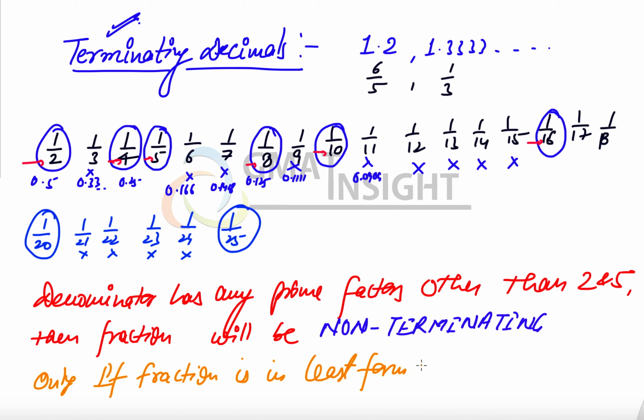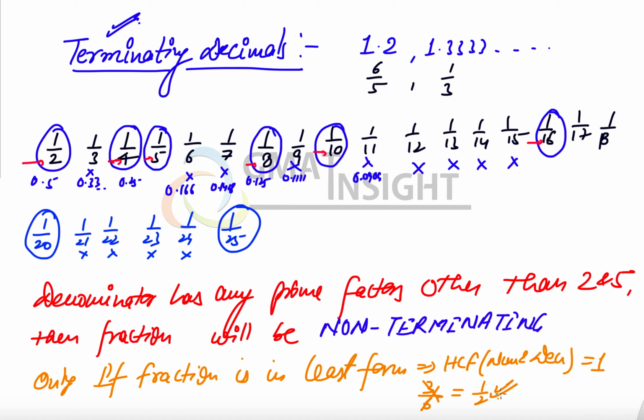In least form means the highest common factor of numerator and denominator should be equal to 1, right? Because here if you see, the highest common factor between the numerator and denominator is 1. We can't say that 3 over 6 is in the least form. No, it's not. 3 over 6 has a common factor between the numerator and denominator, that is 3, so 1 upon 2 is the least form.